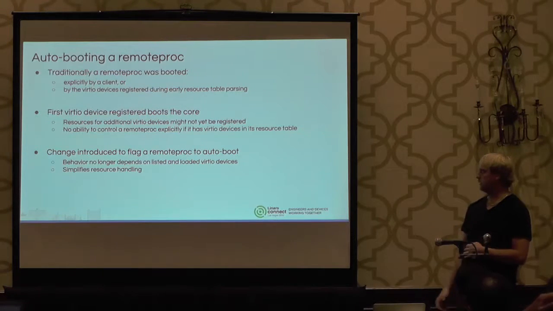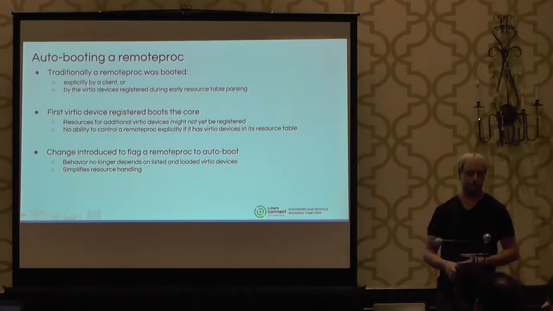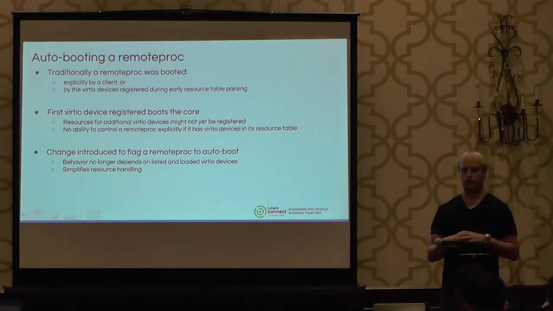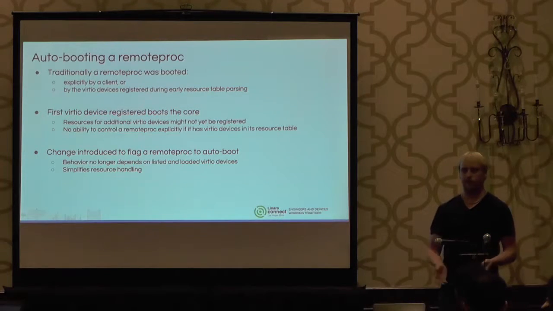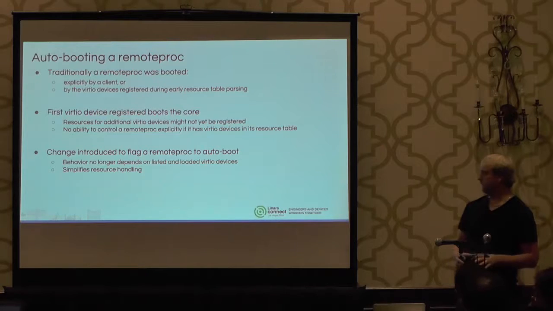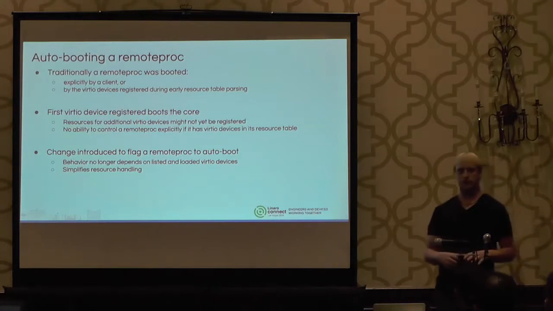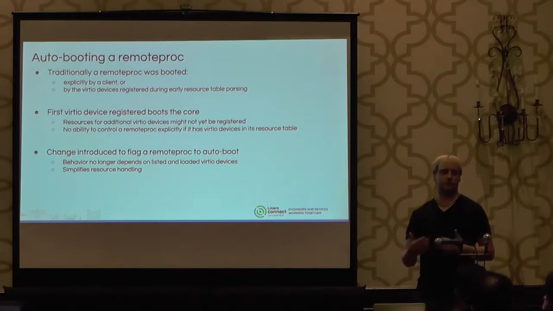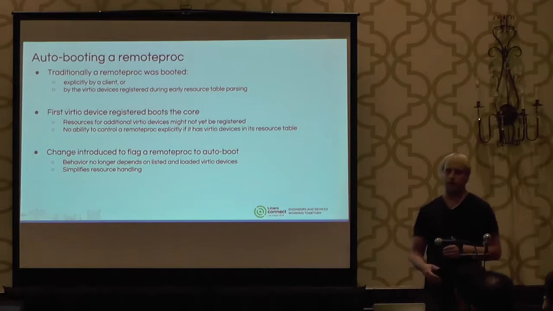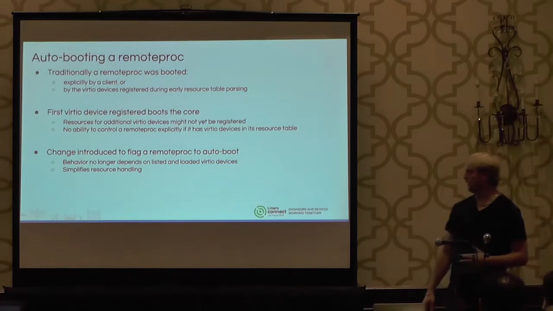So I introduced a property on the Remoteproc for the Remoteproc drivers, that you can set depending on if you're expecting to be controlled by a client or if you should just boot when the firmware is available. That means that the behavior of the Remoteproc is no longer tied to the listed VirtIO devices in the resource table, but to this specified flag.